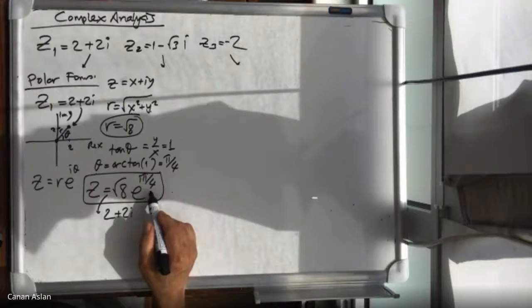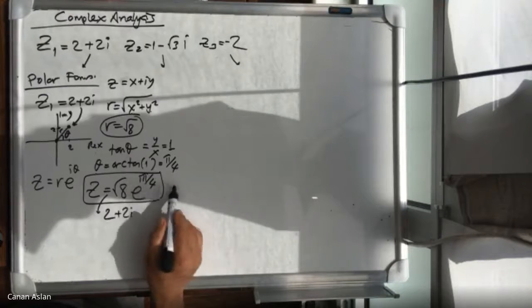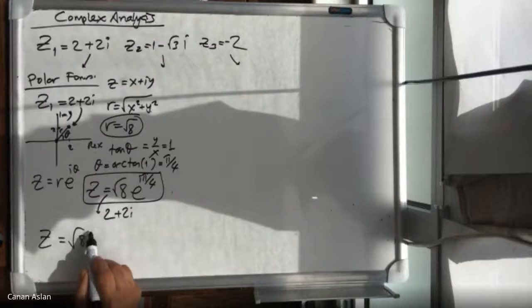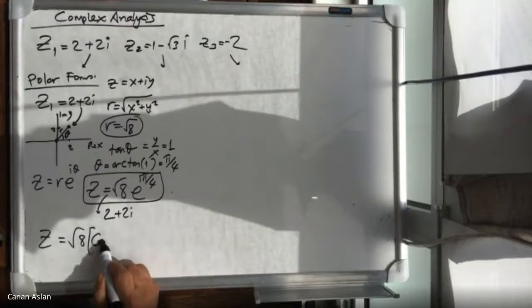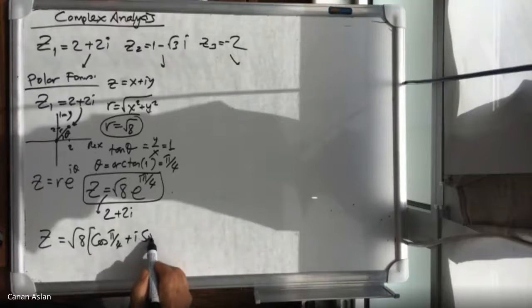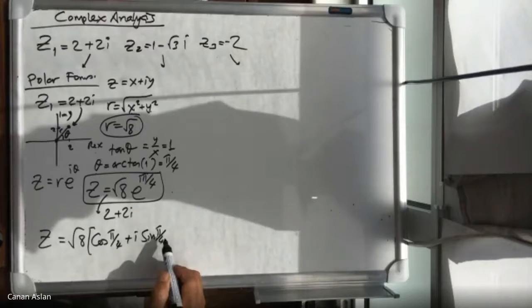Can I also write this in sine and cosine? Of course, because the exponent gives you that. So z can also be written as square root of 8 times cosine of pi over 4 plus i sine of pi over 4. What are these?